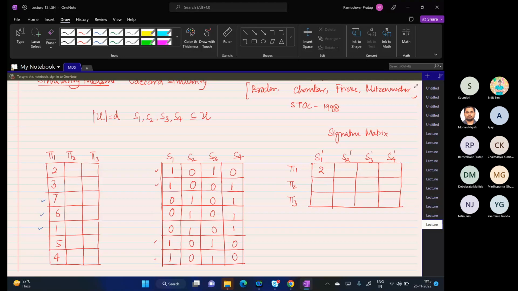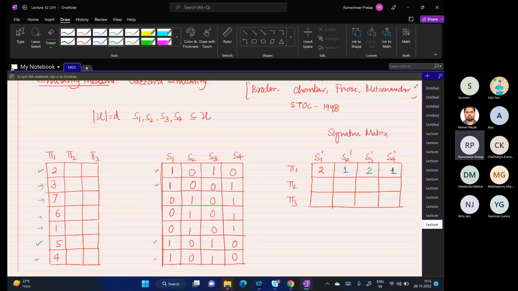The minimum is 1, so we put 1 over here. Similarly for S3, we focus on the first and last two positions: 2, 5, and 4. The minimum is 2, so we put it over here. Similarly for S4: 3, 7, 6, and 1. The minimum is 1.